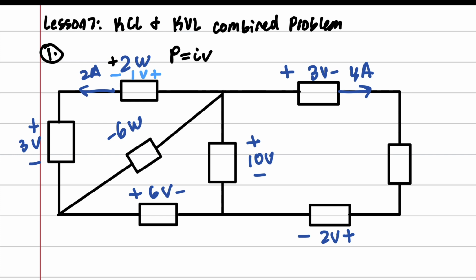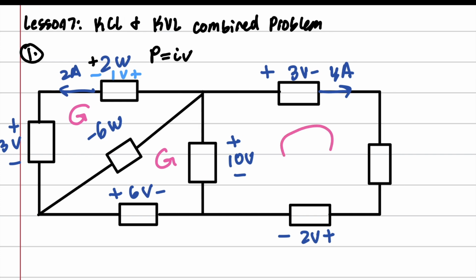The next thing that we should do is find the voltage of this guy right here, because that's the most obvious thing that we can do. We can actually go ahead and solve for this voltage right here as well.